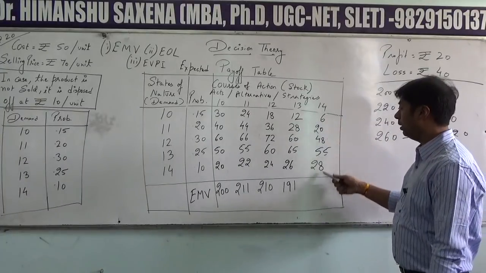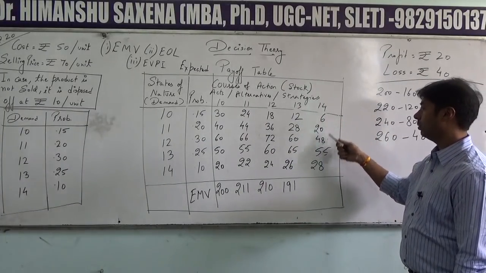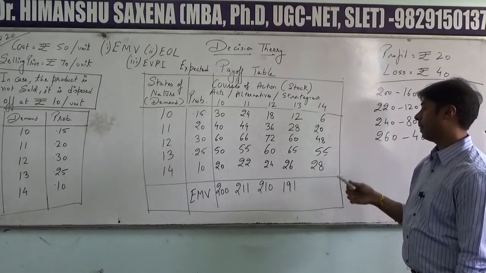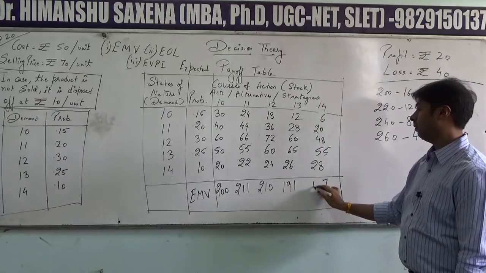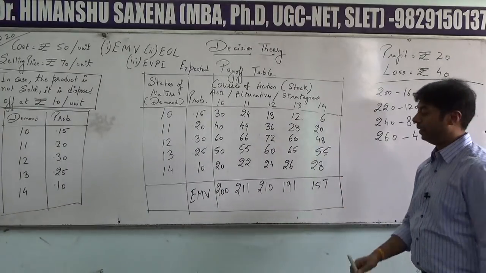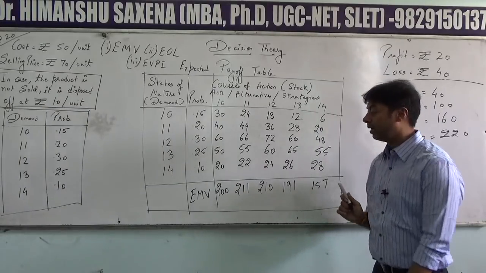Now adding all these values, the total will be 157. So these are the respective values of each strategy.